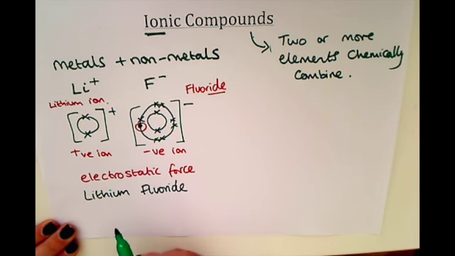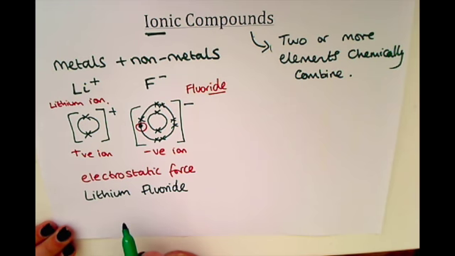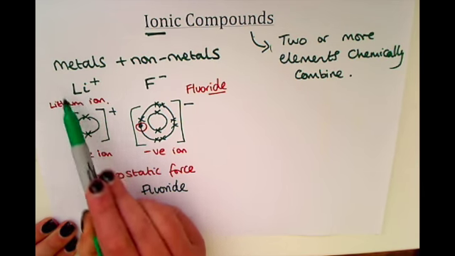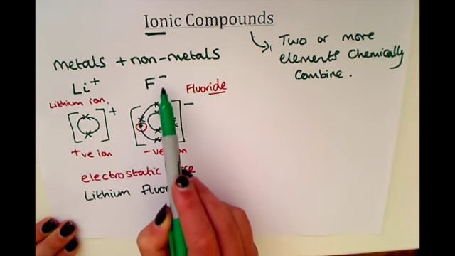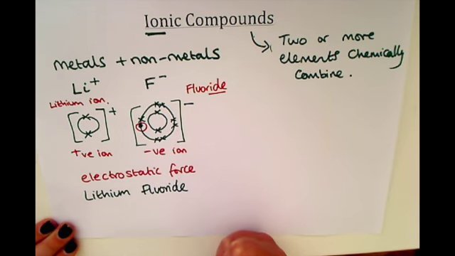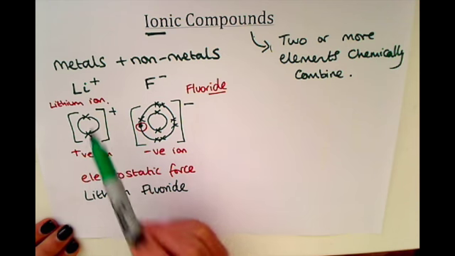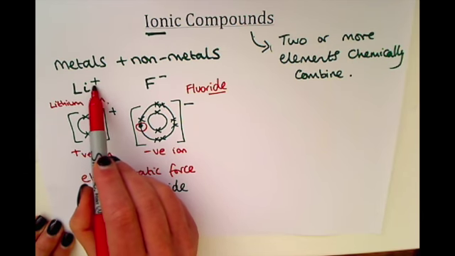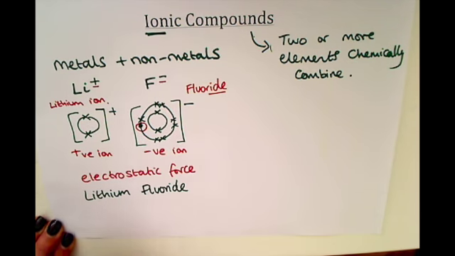And we need to be able to write that as a formula, and to do this we need to know how many lithium ions and how many fluoride ions go together in the ionic compound. And all you do is look at the charges. So in this case we have got 1 plus and 1 minus.